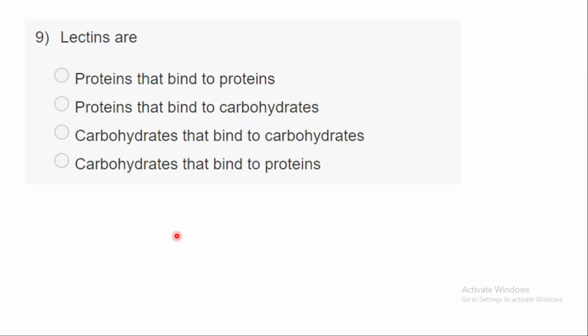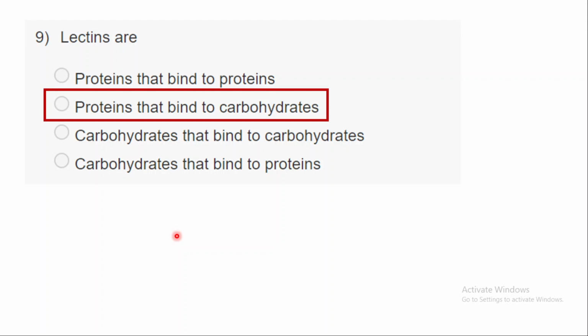Roshan changed to option 4, and Janish. Mostly people are answering option 2. Let's see what is the correct answer. Option 2 or option B, proteins that bind to carbohydrates, is the correct answer. Lectins are proteins that bind to carbohydrates.